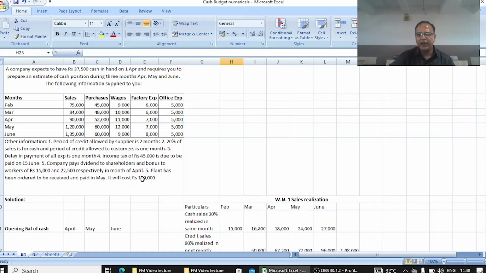It means it is prepared on the basis of due concept or accrual concept. But whenever we have to prepare a cash budget, we have to prepare it on actual receipt and payment method. It means if you are giving a payment of purchase in month of April, it will be recorded in month of April.